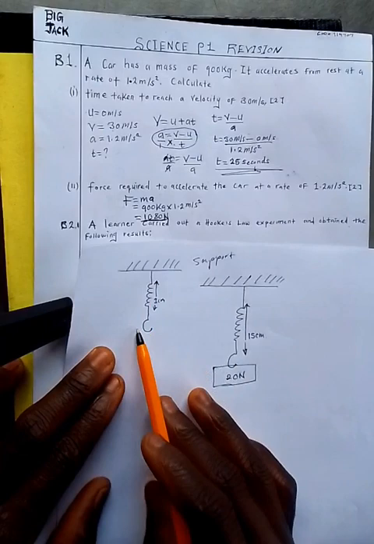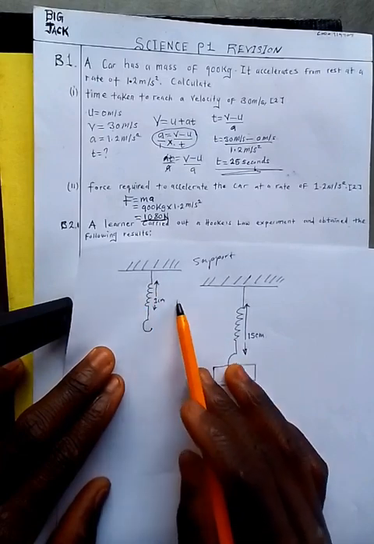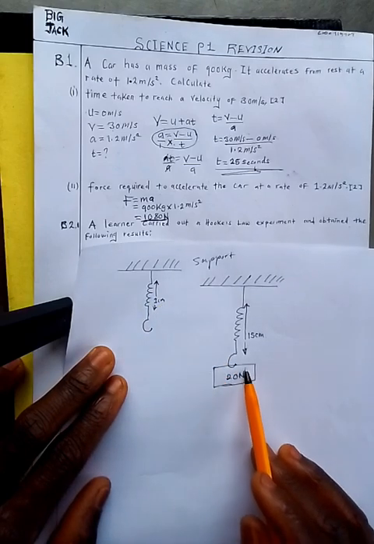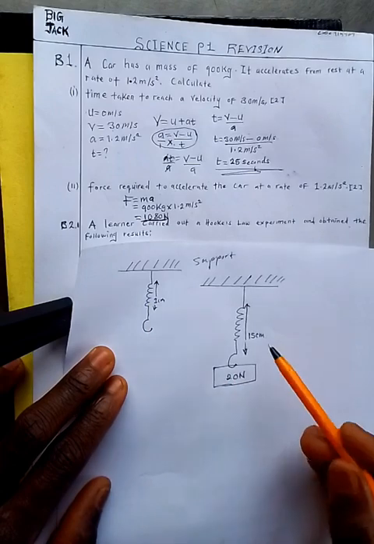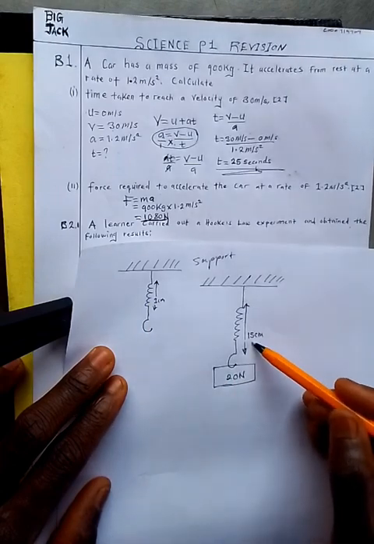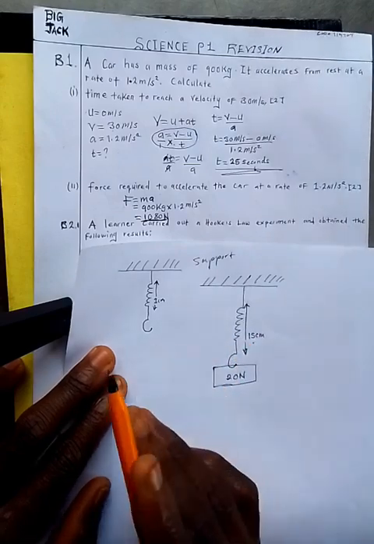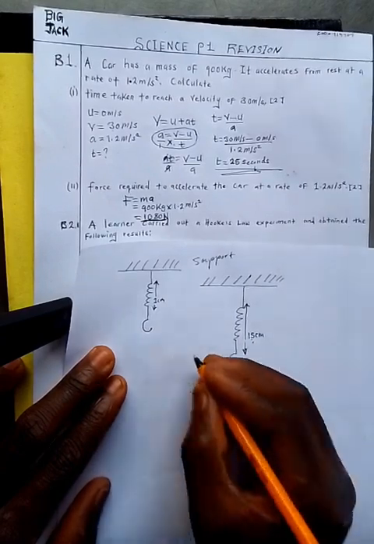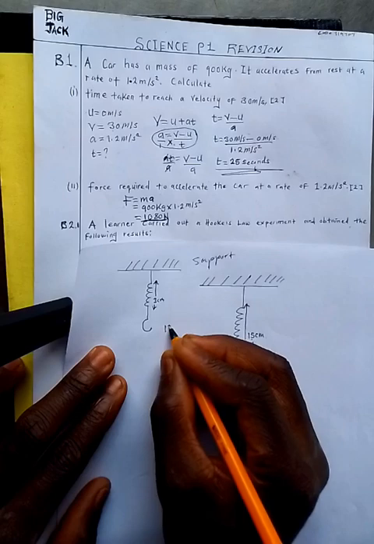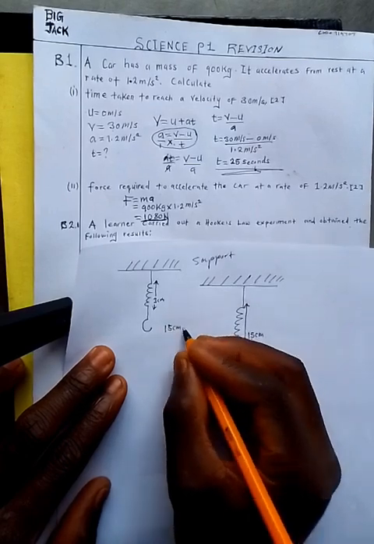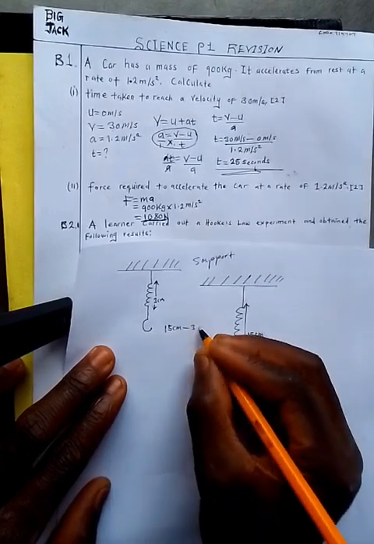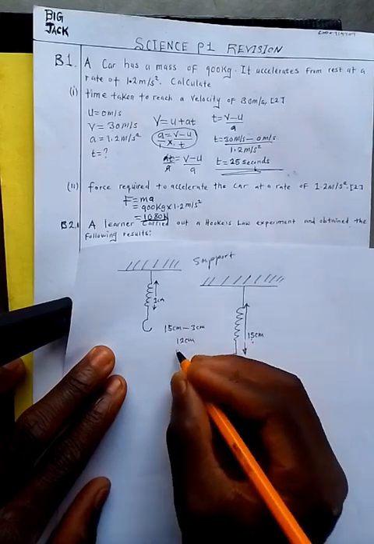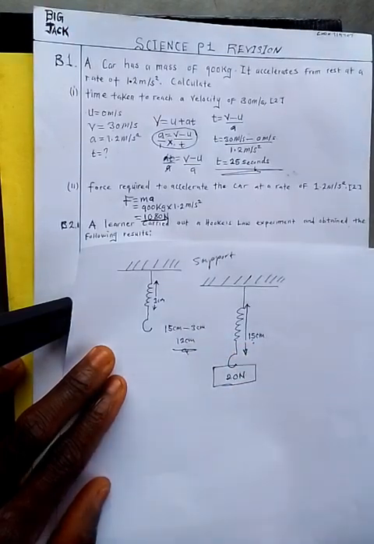Initially, when it was at rest, it had 3 centimeters. After putting 20 newtons of load, it has extended up to 15 centimeters. So to find the extension, you say 15 centimeters minus 3 centimeters. The answer is 12 centimeters. This 12 centimeters is going to be the extension.